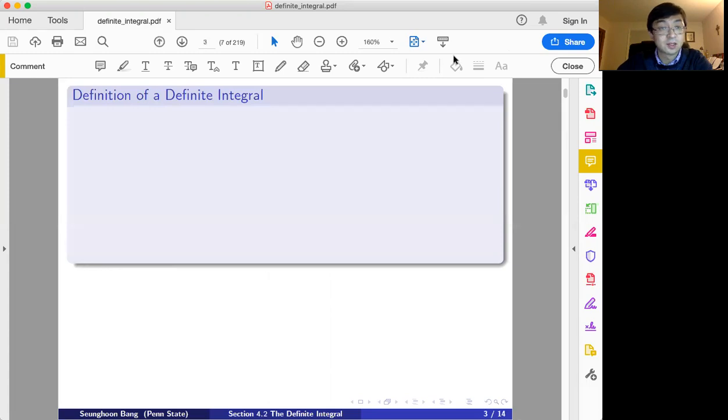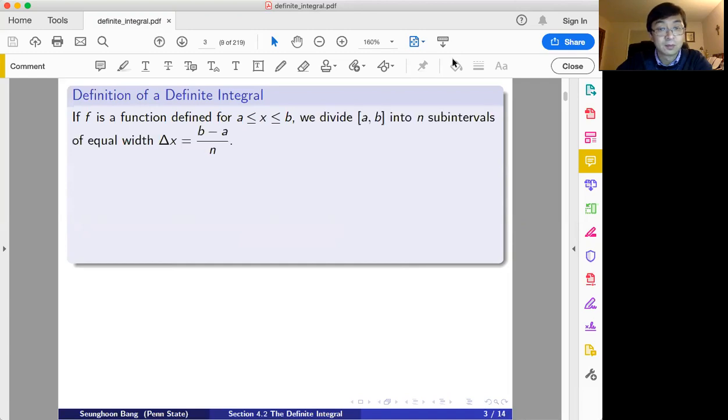The first one is the definition of a definite integral. This definition is from section 4.1. Function f is defined on a closed interval [a, b]. We divide the interval [a, b] into n subintervals of equal width, delta x equals (b minus a) over n.